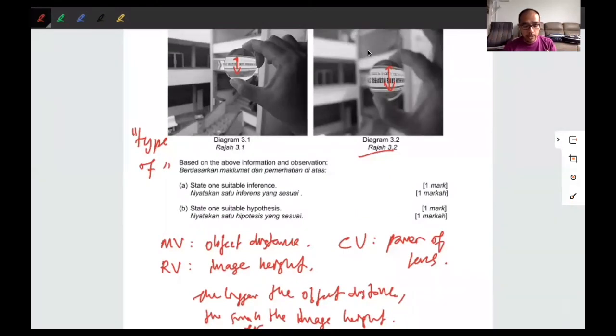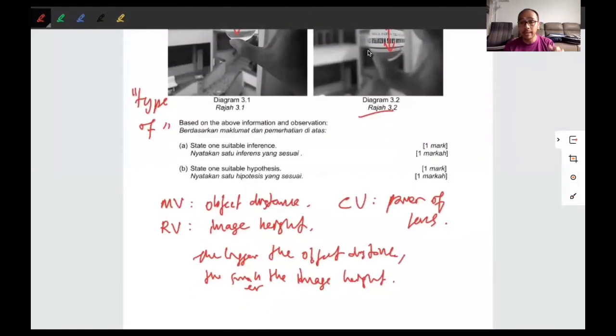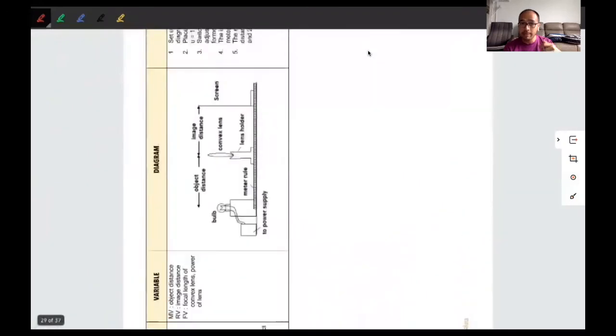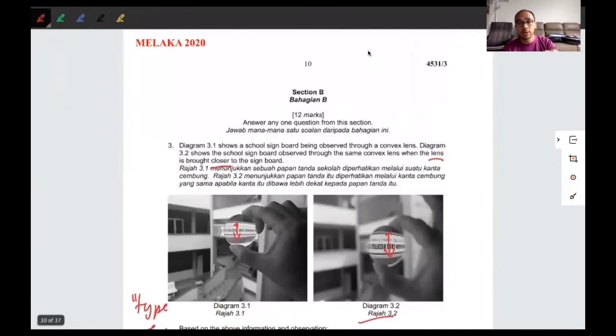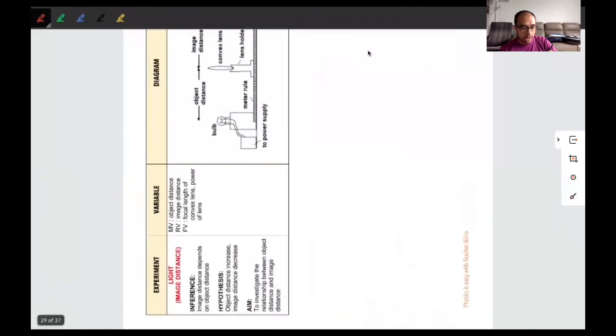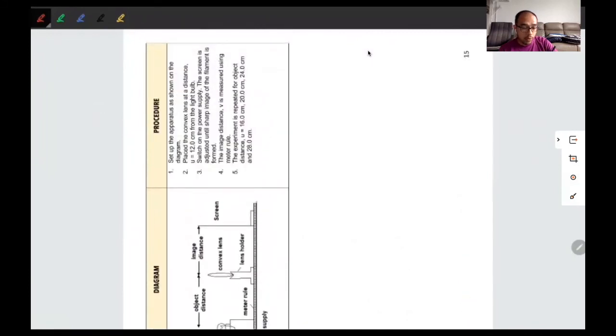So this is the experiment and this is the same setup. Only if the question is like this, like the Melaka 2020 question that talks about the image height, all you have to do is change the image height. This one is image height. Then the image height is measured using the meter rule.